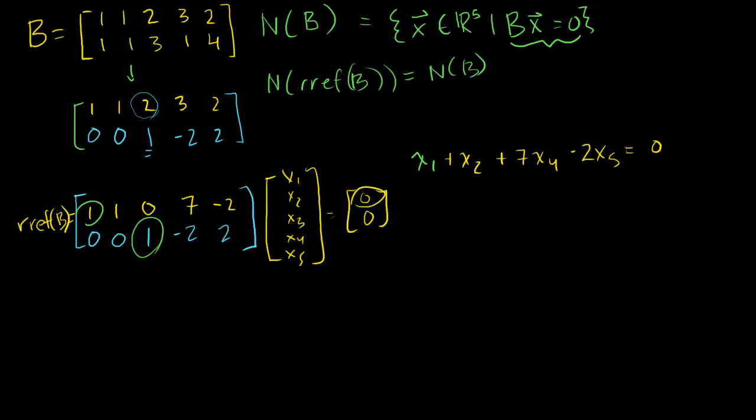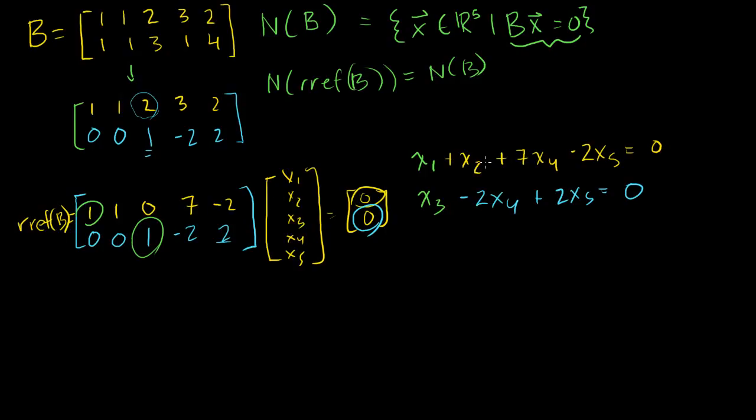And then I get this is x3, right? 0 times x1 plus 0 times x2 plus 1 times x3. So I get x3 minus 2 times x4, plus 2 times x5 is equal to that 0 right there.